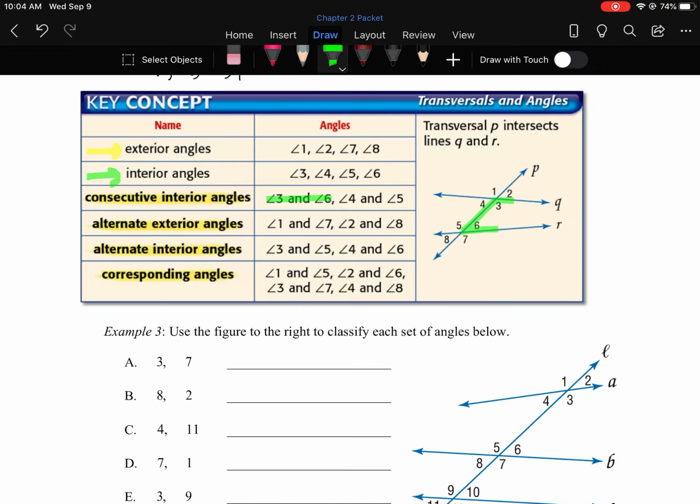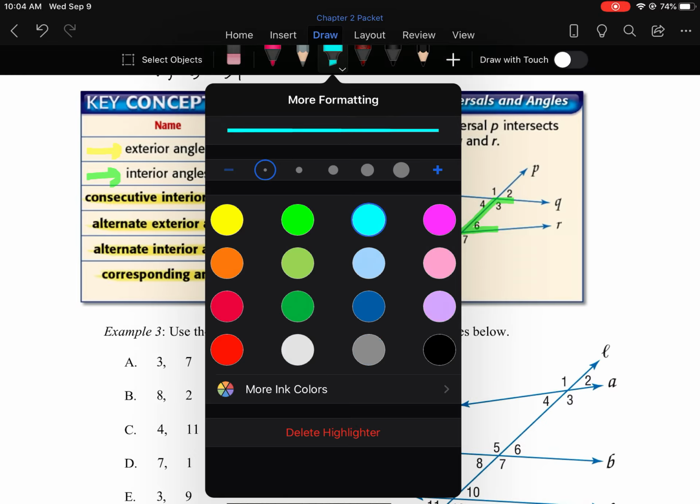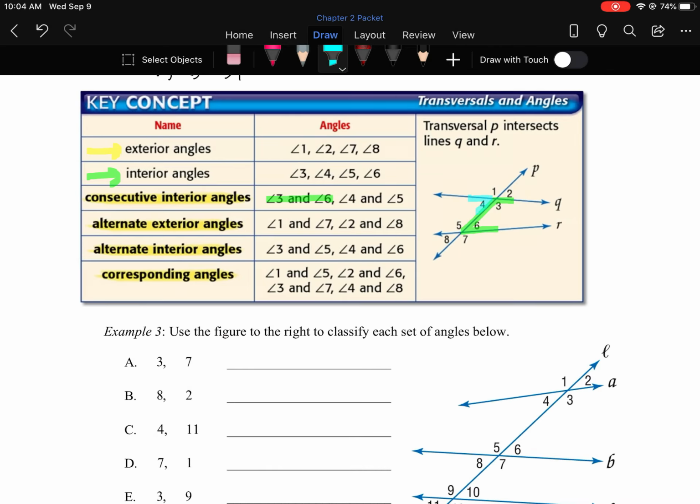So 3 and 6 are the first set, and then 4 and 5 are the second set. Those are called consecutive interior angles, is what we'll refer to it as, but it could also be called same side interior because they're on the same side.